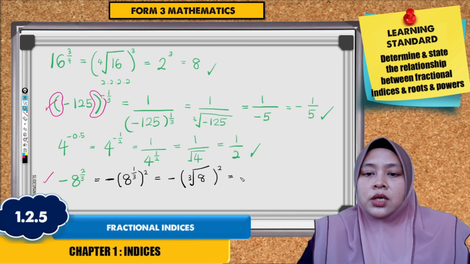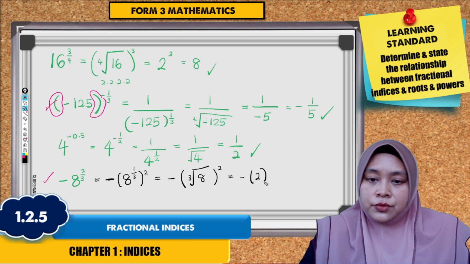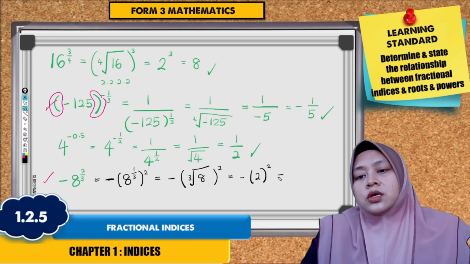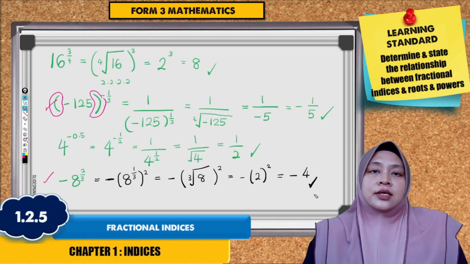Don't forget the negative. Cube root of 8 gives 2, to the power of 2, 2 squared, and then negative 4. This is the final answer.